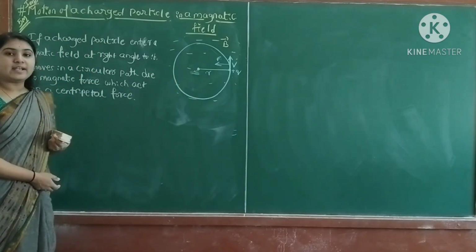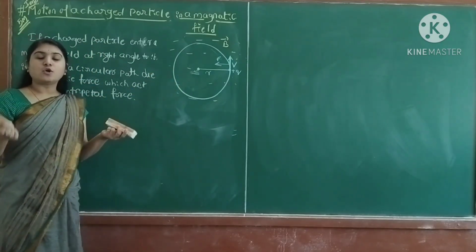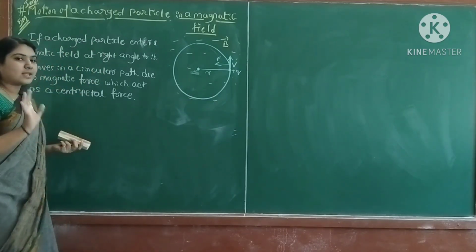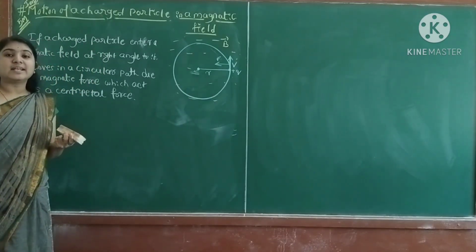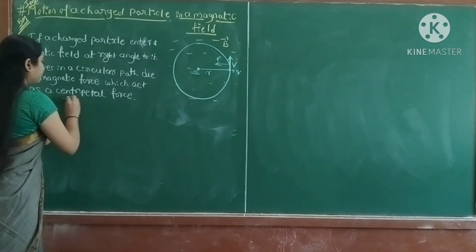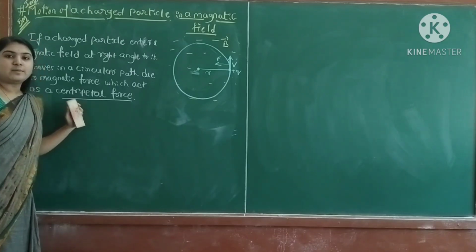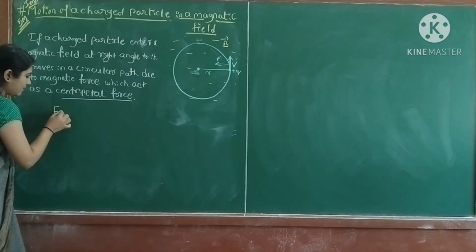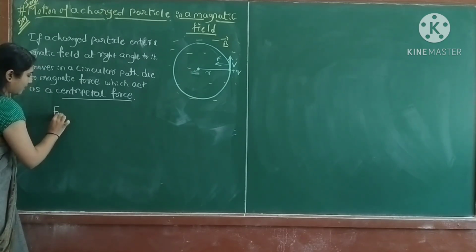Now we can write the force, the force in the magnetic field. See, before that, first you have to write the centripetal force. So centripetal force ಎಷ್ಟಿದೆ ರೀ? What is the value of the centripetal force? See, F here is magnetic, FB.